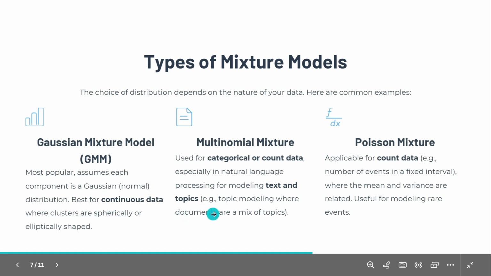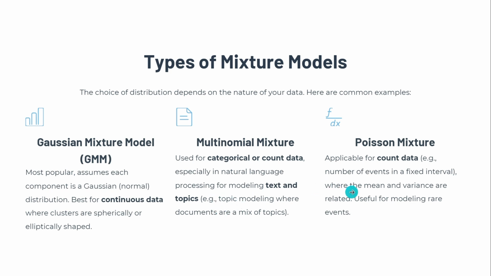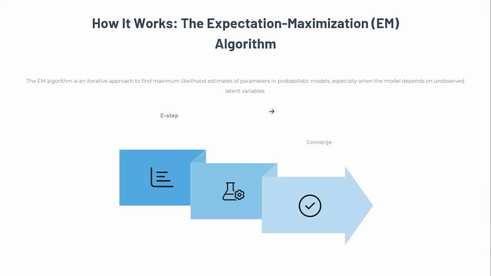The multinomial mixture model is for categorical or text data, like guessing an article is 60% politics and 40% sports. And the Poisson mixture is for counts, like the number of cars passing through an intersection per hour.